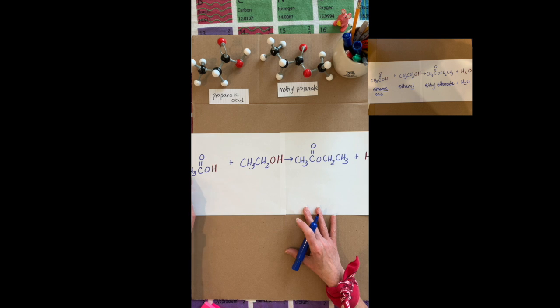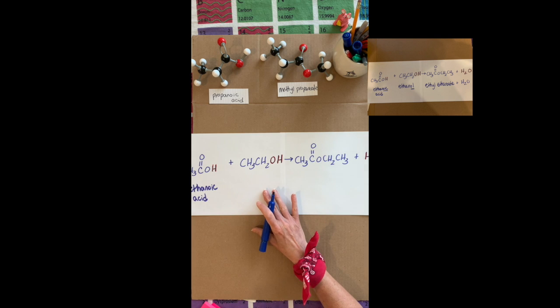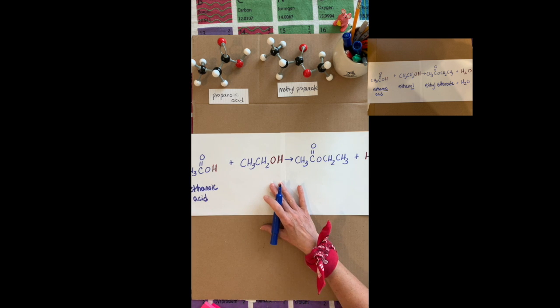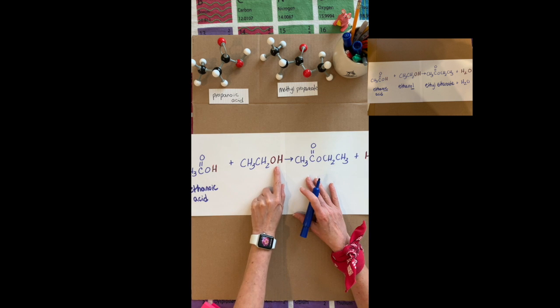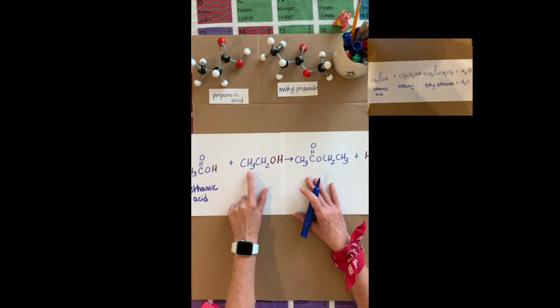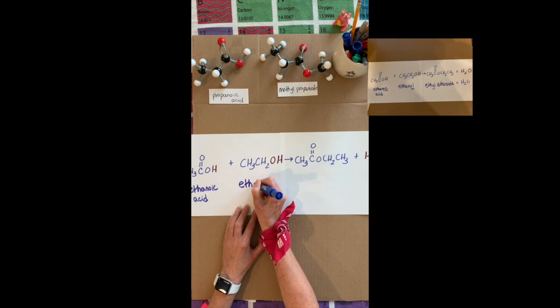What kind of acid? It's a 2-carbon acid. It is ethanoic acid. It reacts with an alcohol. We know it's an alcohol because of the hydroxyl group. And it's got 2 carbons. It is ethanol.